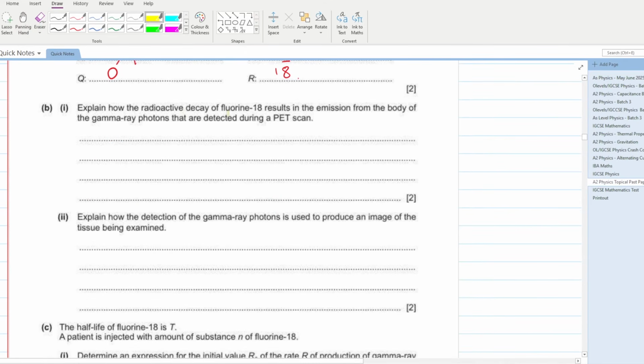Explain how radioactive decay of fluorine 18 results in the emission from the body of gamma ray photons that are detected using a PET scan. So how does this lead to the emission of gamma ray photons that are detected using PET scanning? So basically, annihilation of photons occurs when they combine with electrons.